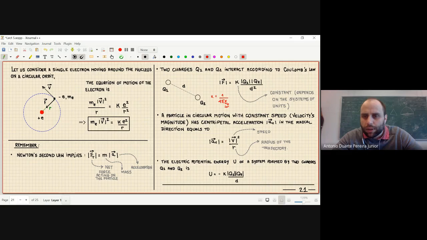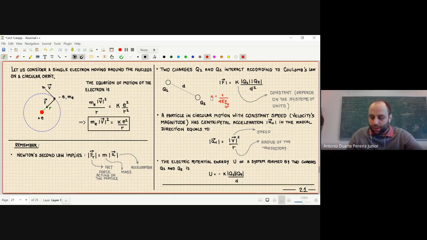Does it have a value? You mean, were you referring to the constant that we were discussing before? Yes, K has a value, 9 times 10 to the 9. You have to work out the units: it will be Newton times meter squared divided by Coulomb squared.